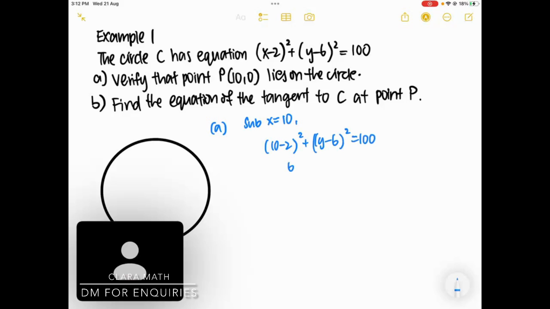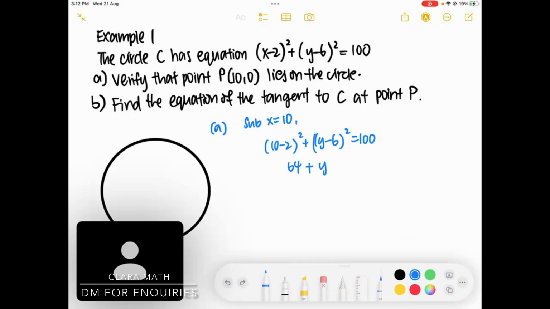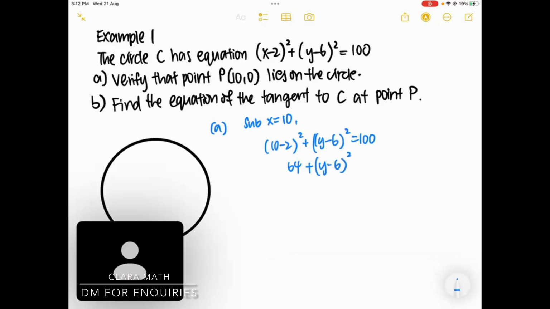This will be 8 squared, so 64. This one, don't open, leave it in the bracket. Then I just square root the other side. (y minus 6) squared equals 36, so 100 minus 64. Then y minus 6 equals plus or minus square root of 36.